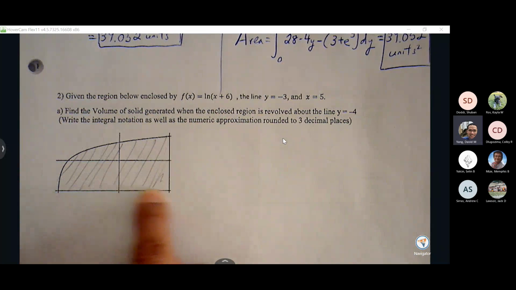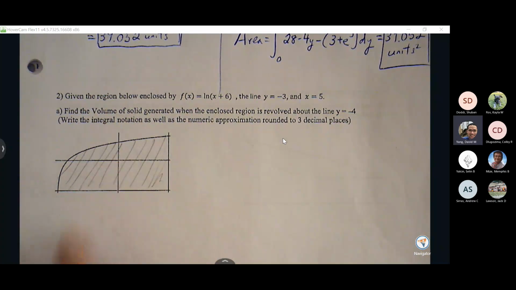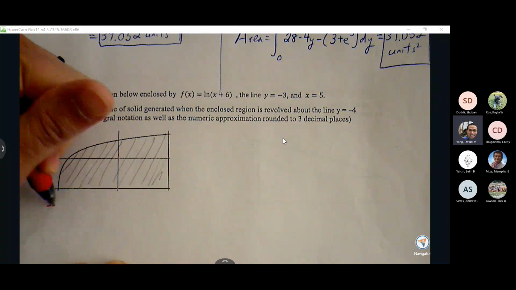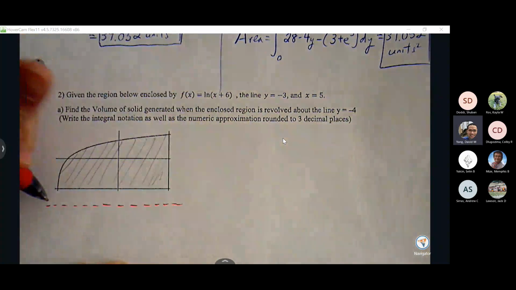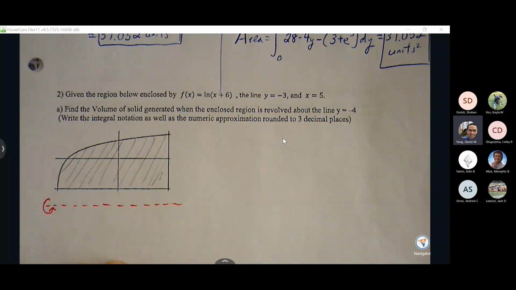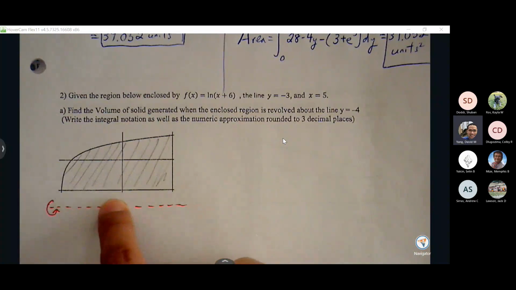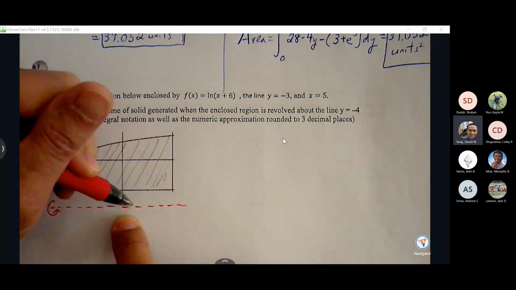So this line is y equals -3, so y equals -4 is going to be below it. There's obviously a gap. That rotation is going to have to be the washer method. And we're going to have to draw 2 radii, one that extends from the axis to the furthest boundary that we see.